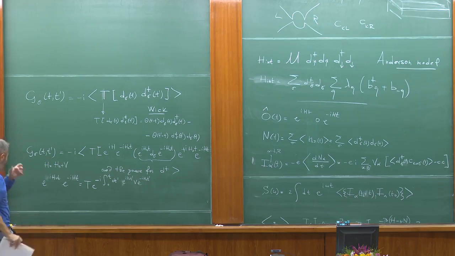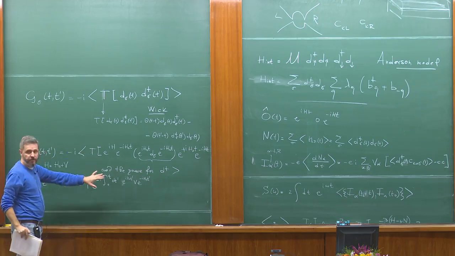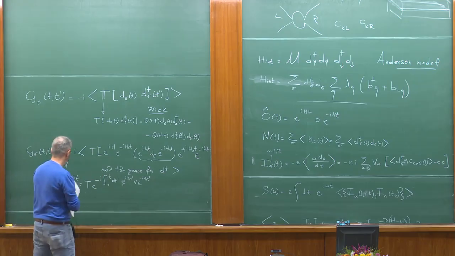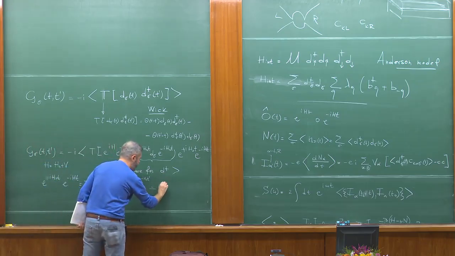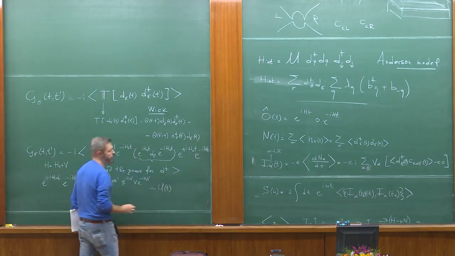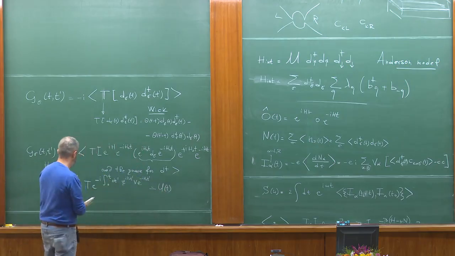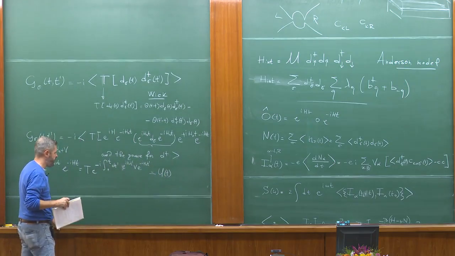Right, so I pass to the interaction representation. After I pass to the interaction representation, this guy here, typically I call it U of t, or whatever you want. It can have many names.